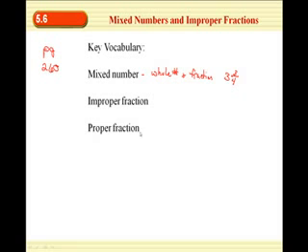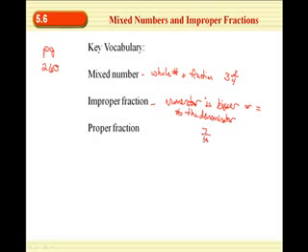Okay, an improper fraction is a fraction where the numerator is bigger than or equal to the denominator. So here's an example of an improper fraction, 7/6.